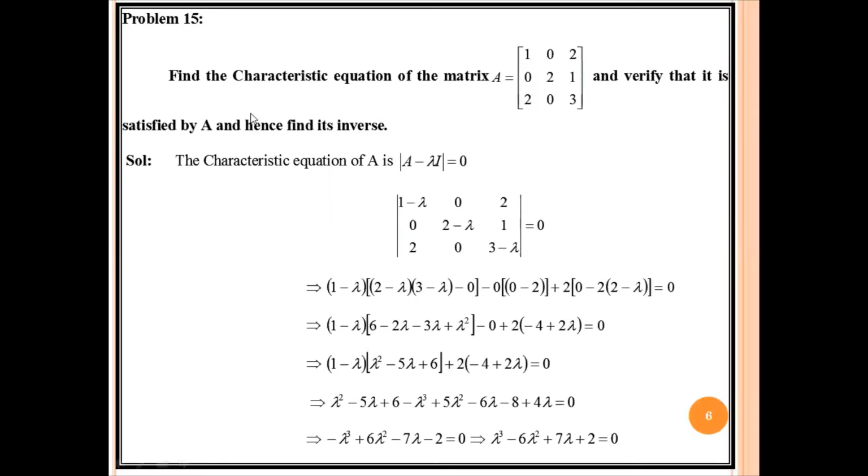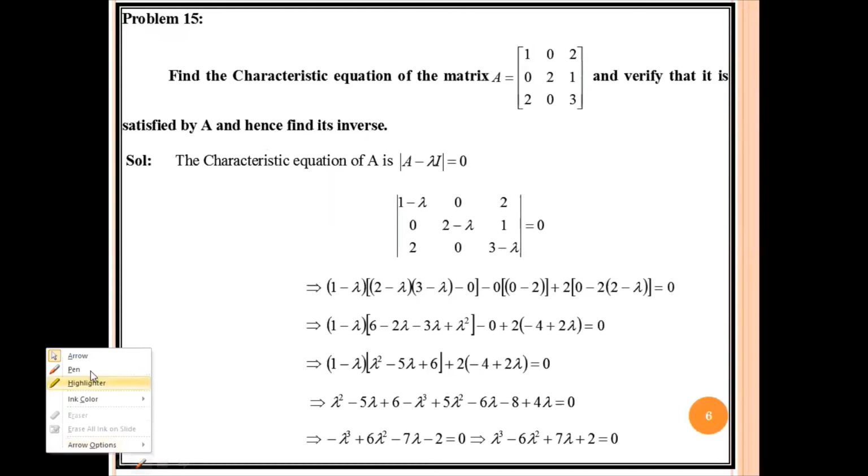And hence find its inverse, which means we use the Cayley-Hamilton theorem only, not the routine method. Already we discussed the characteristic equation, but again I want to explain once how to find it.